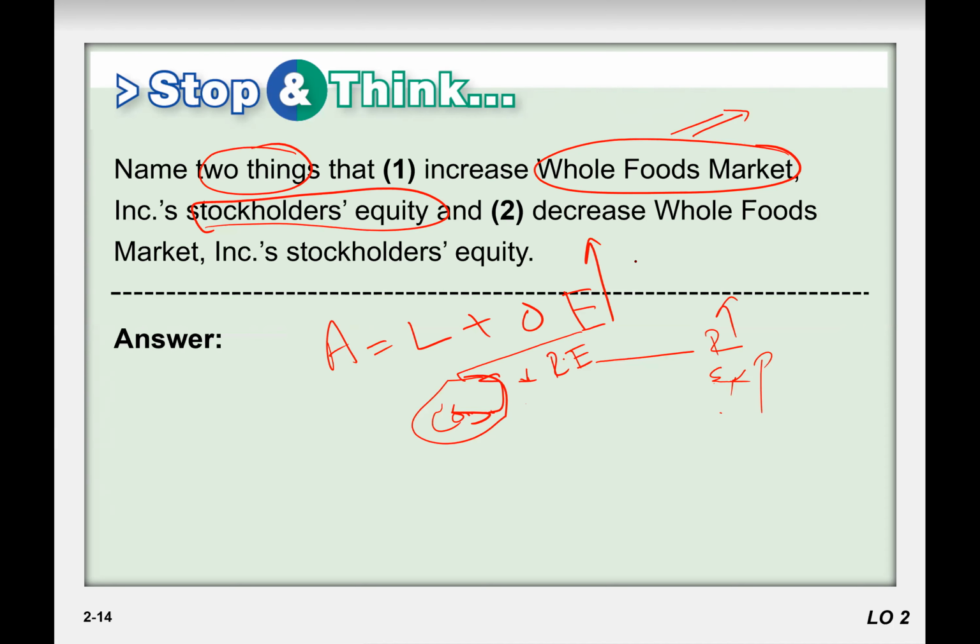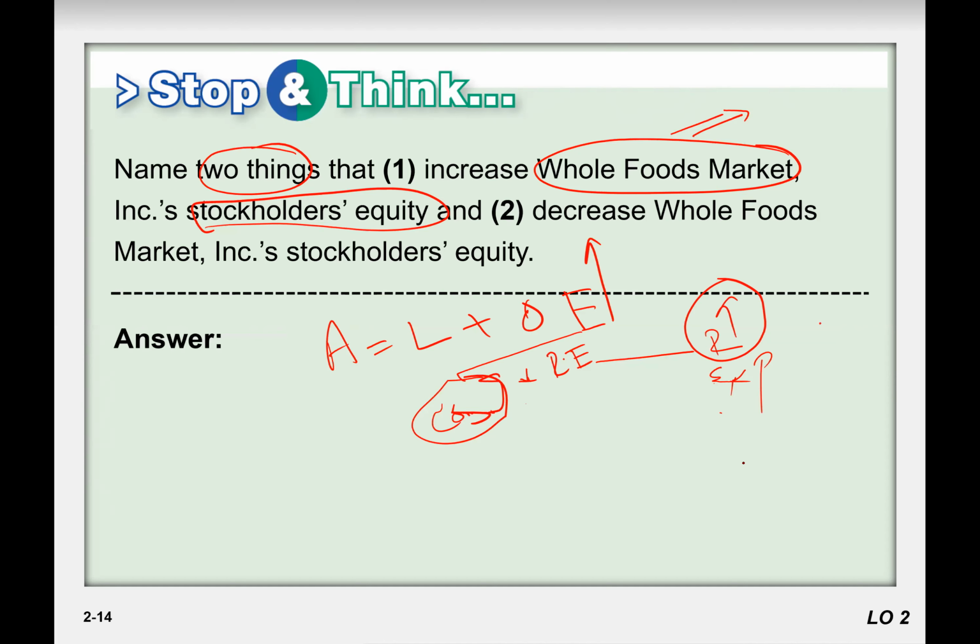So how does an increase in revenue increase the retained earnings? How can an increase in revenue affect an increase in owner's equity? Well, because owner's equity is made up of, as we just said, common stock and retained earnings, and retained earnings is made up of revenue and expenses.